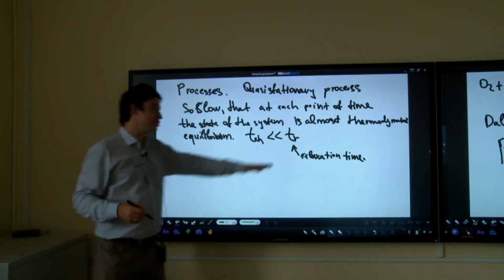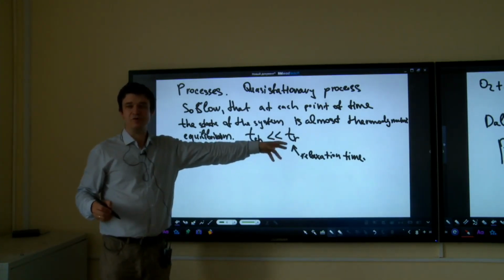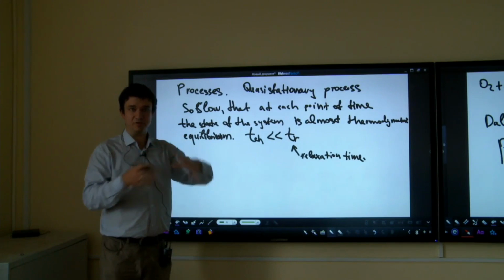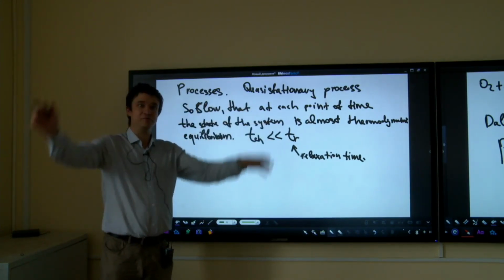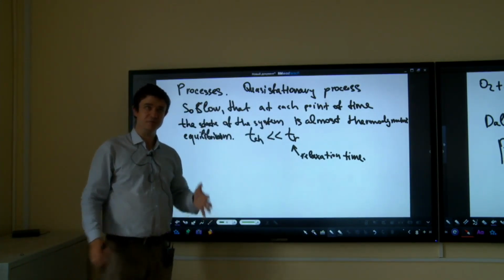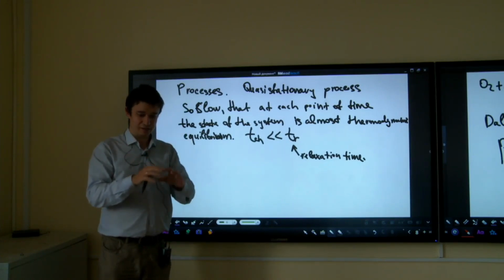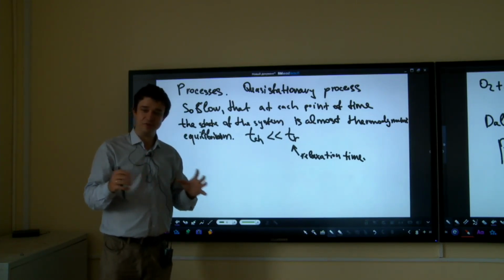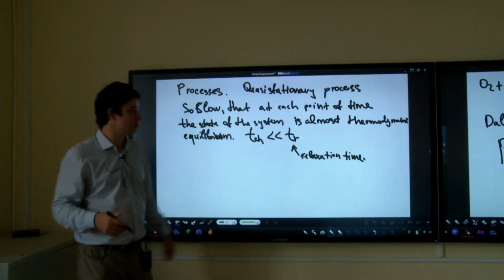The relaxation time becomes lower when the size of your system is lower. In this room, the relaxation is quite large.